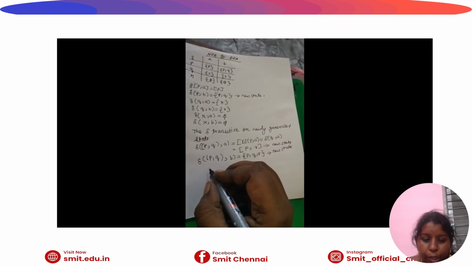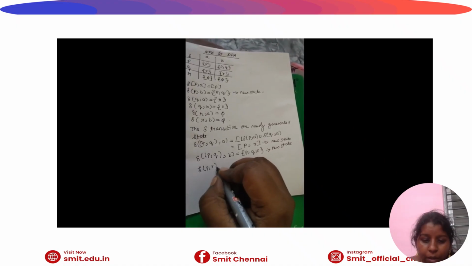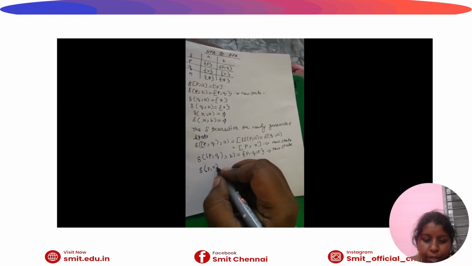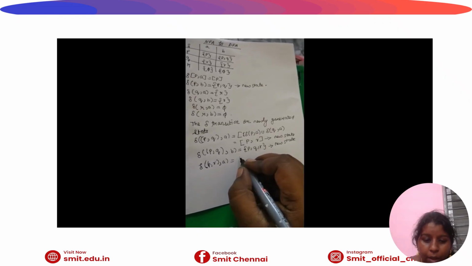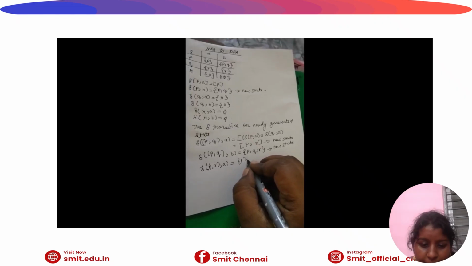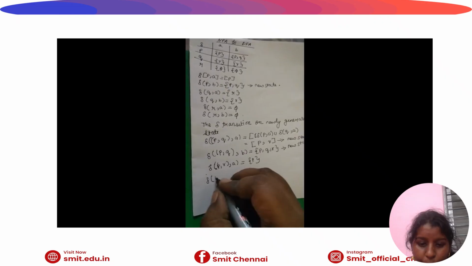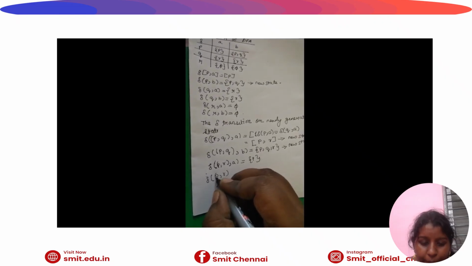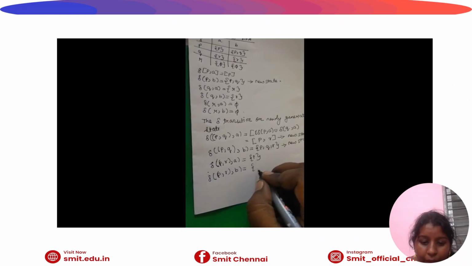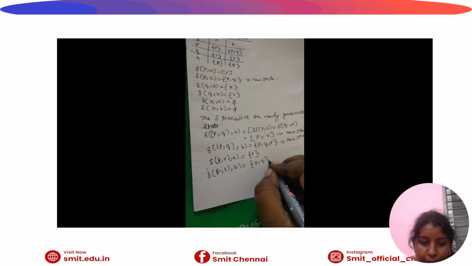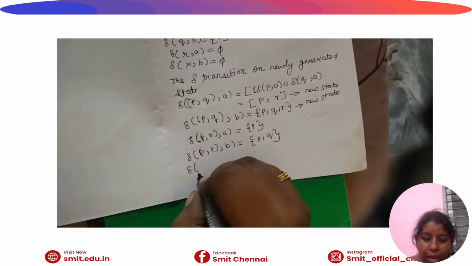Now for the new state P, R, we are going to find it for the input A. P, A is nothing but P and Q, A is empty. So we'll write P. Next, sigma P, R, B, P, B is P, Q and R is empty.